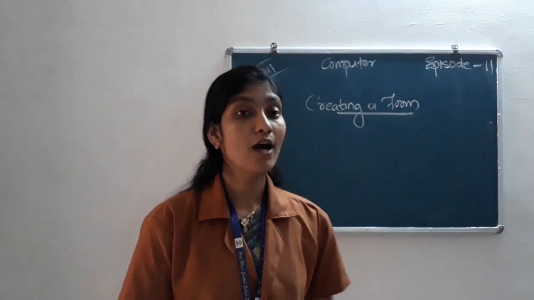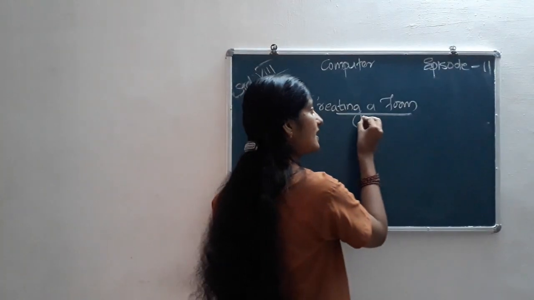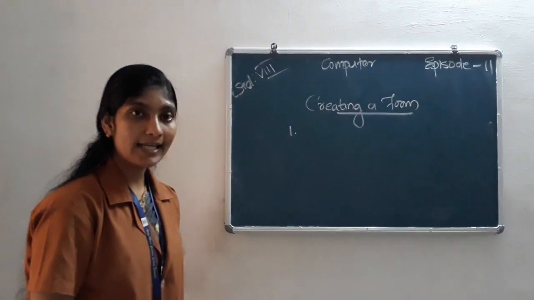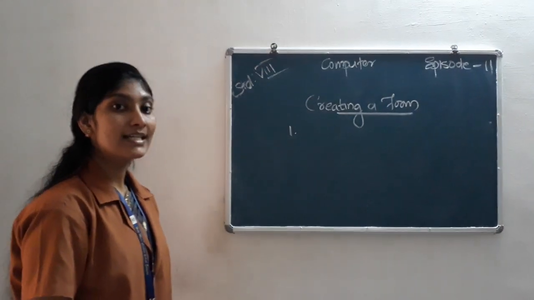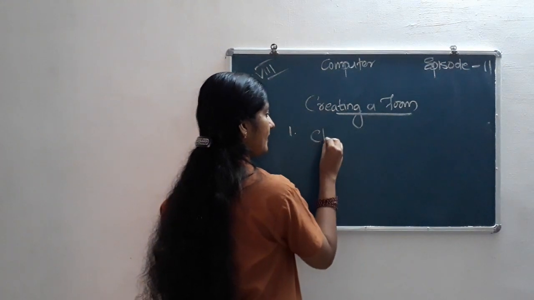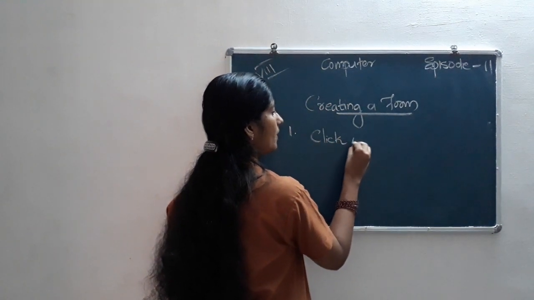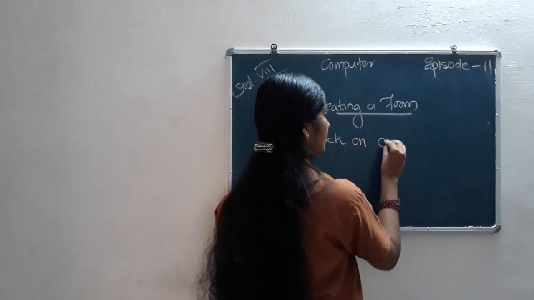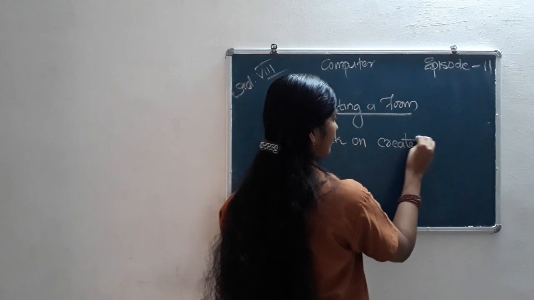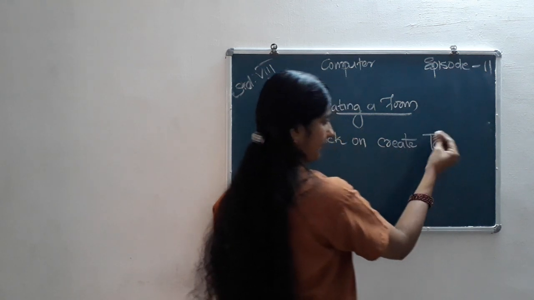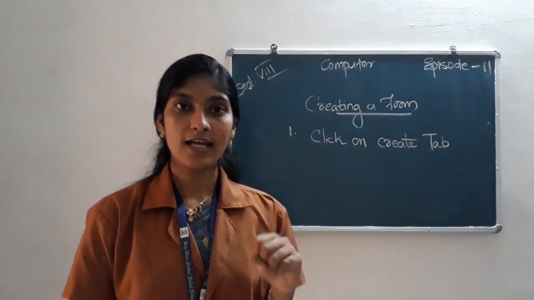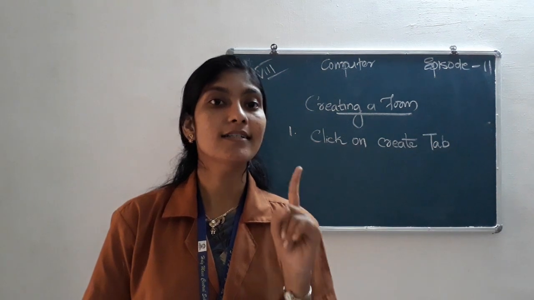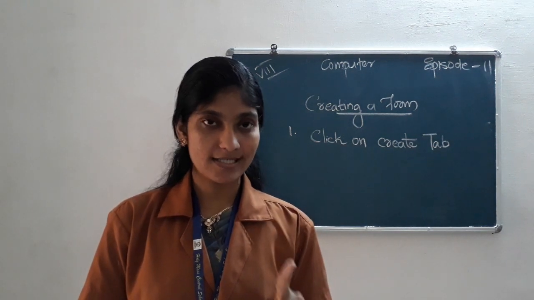So what are the things? First, for creating a form, first step, click on the create tab. Click on which tab? Create tab. Okay. Second step, if more than one table is present, click your table name for creating the form.